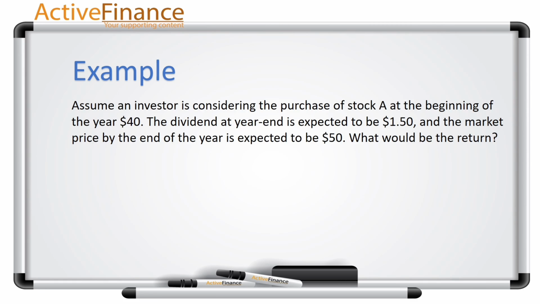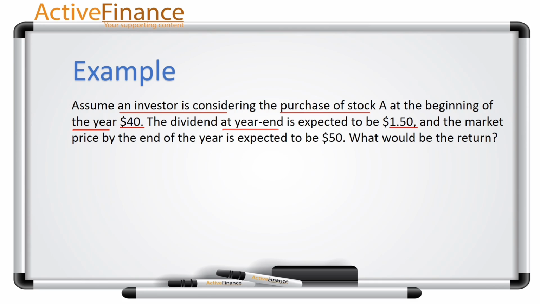Here is an example. Assume an investor is considering the purchase of stock A. One investor wants to purchase stock A at the beginning of a year. At the beginning of the year, the stock share price is $40. The dividend at year end is expected to be $1.50.